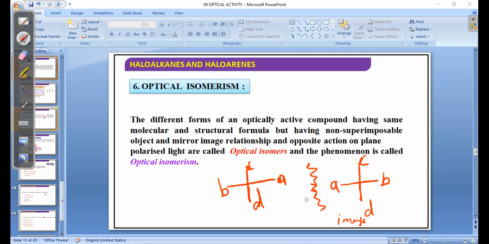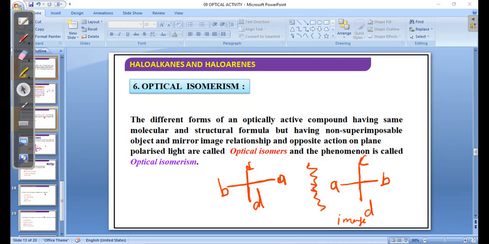That means A should not come below A, B below B. Then only optical isomerism is possible. If it is aligned, A below A, C below C, then those do not exhibit optical activity.